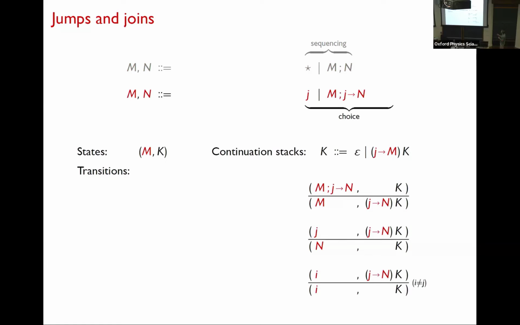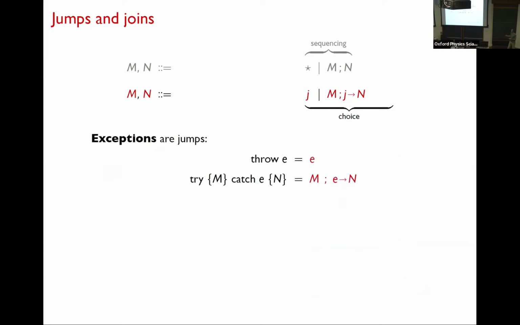So K is a sequence of jumps that yield terms. A join pushes that conditional continuation on the continuation stack, and a jump selects or deselects the next continuation.